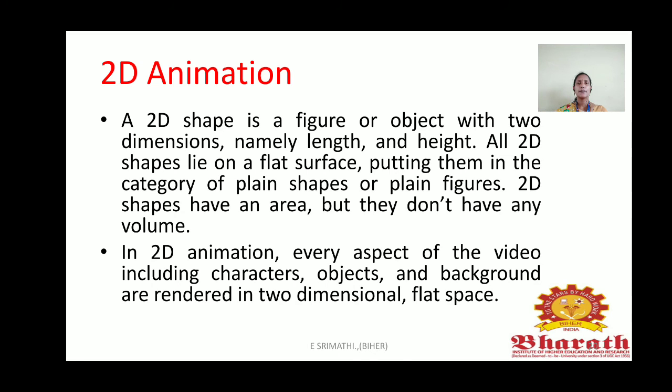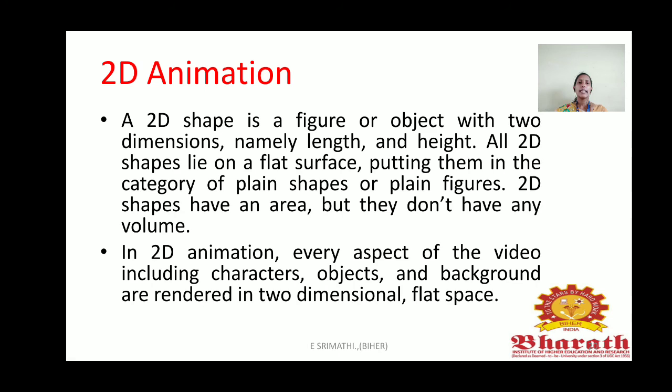It won't contain round-faced images or round diagonal images for the animated pictures. That is, a 2D shape is a figure or object with two dimensions, namely length and height. All 2D shapes lie on flat surfaces, putting them into the category of plane shapes or plane figures.